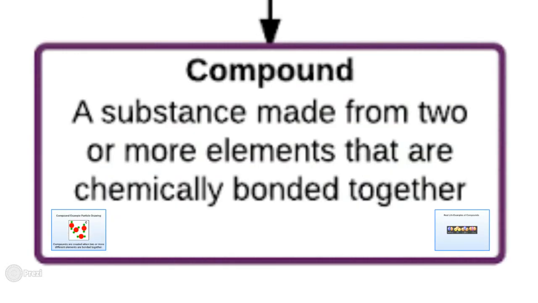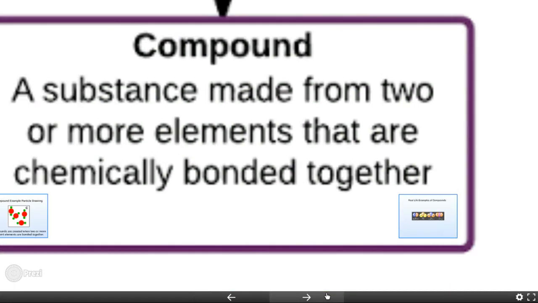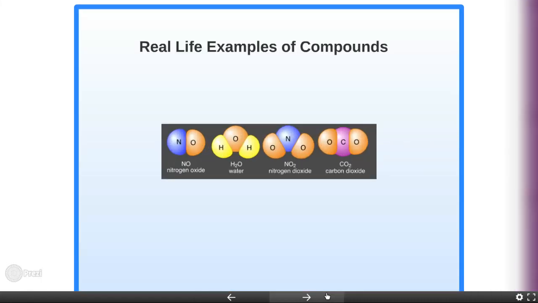All right, now let's take a look at your next pure substance. And this is a compound. So this is a little bit less pure in the fact that you don't just have one type of atom, you have more than one type of atom, and those are bonded together. So if we look here at some examples, here we go. So we have water, H2O, so two hydrogens bonded with one oxygen, or you have nitrogen dioxide, two oxygens bonded with one nitrogen.